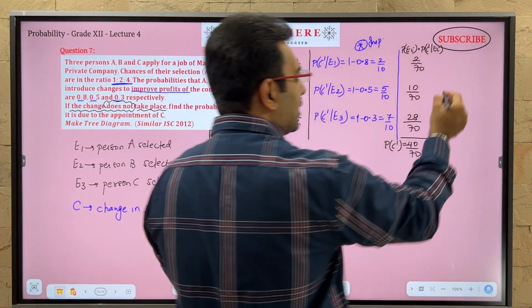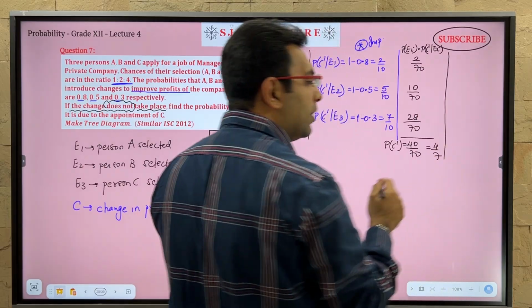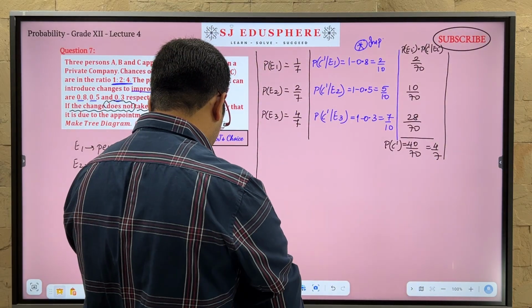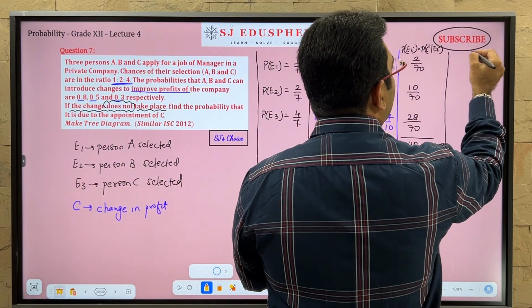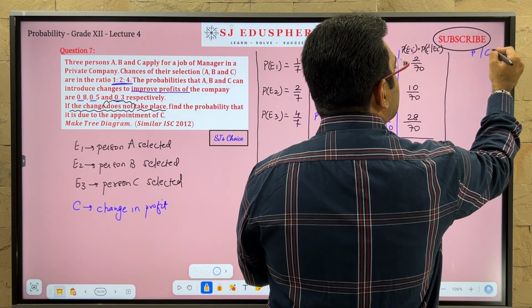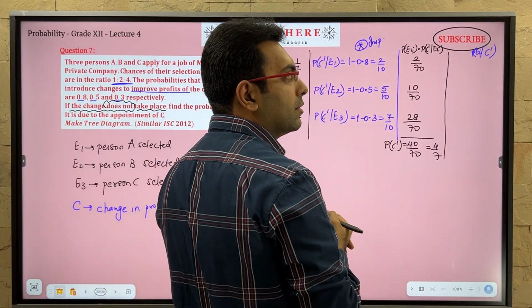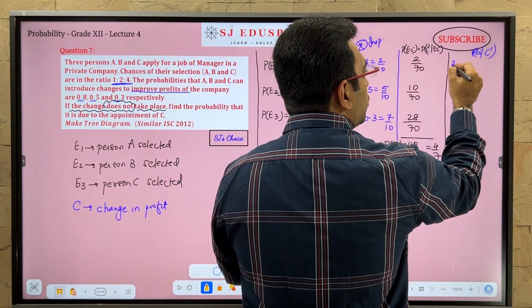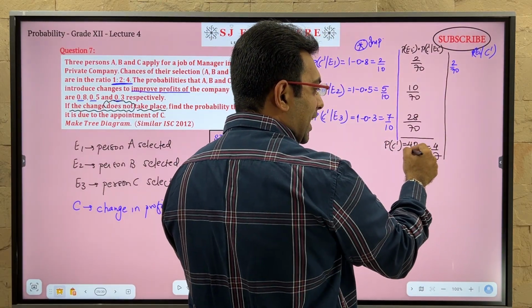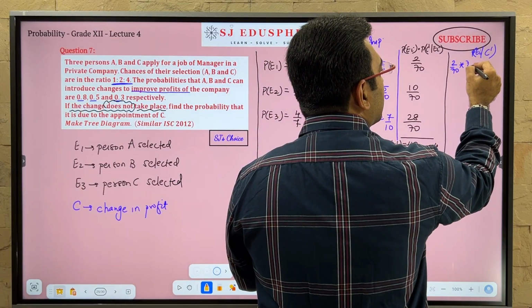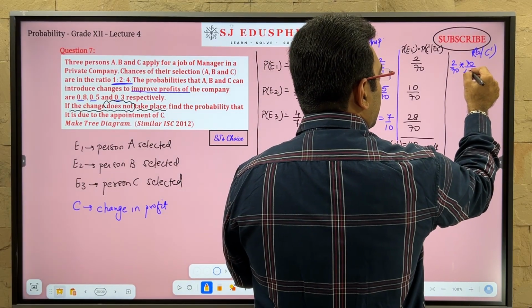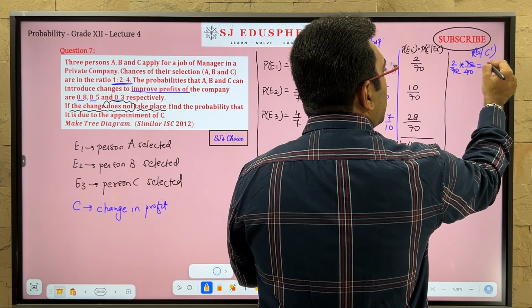So in this sum, let us make a table for the Bayes part that we were making. I am saying, given that change does not take place, it is for Ei. So this will be 2 by 70 divided by 40 by 70 is 2 by 40.